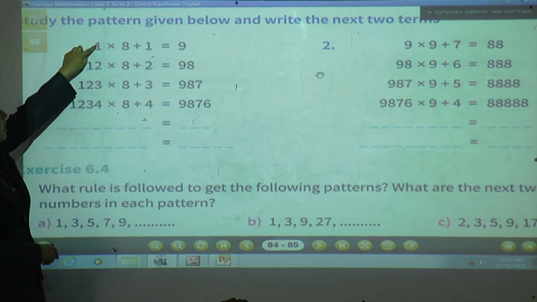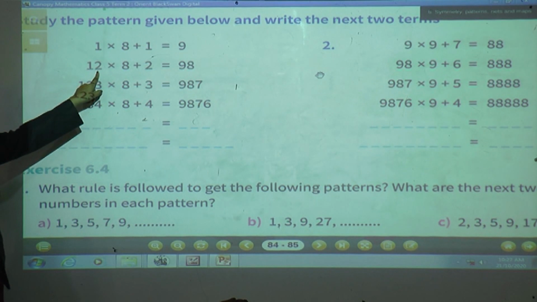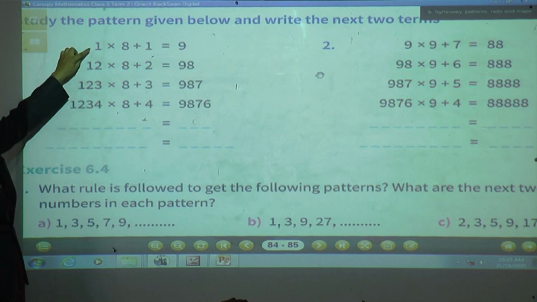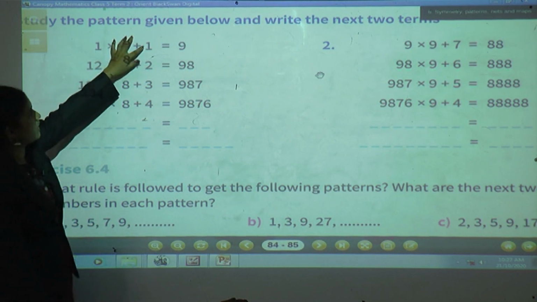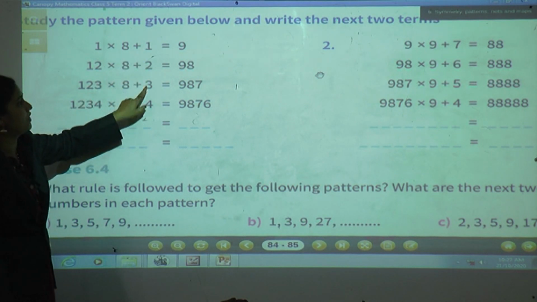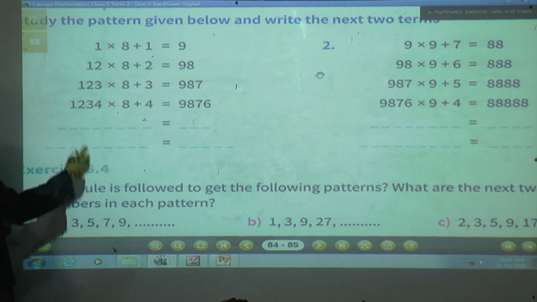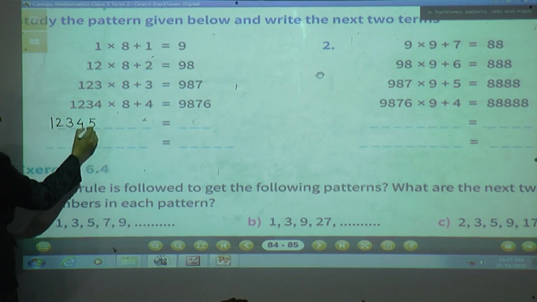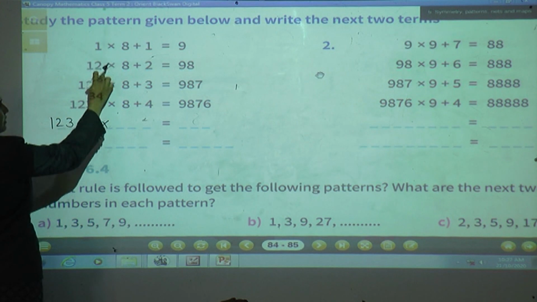Now here after 1 they have taken 2. Here after 2, here 3. So you can see the pattern. Here also they have increased one number, that means 1, 2, 3, 4. That means what will come here? See, 5, because they have increased the number here.